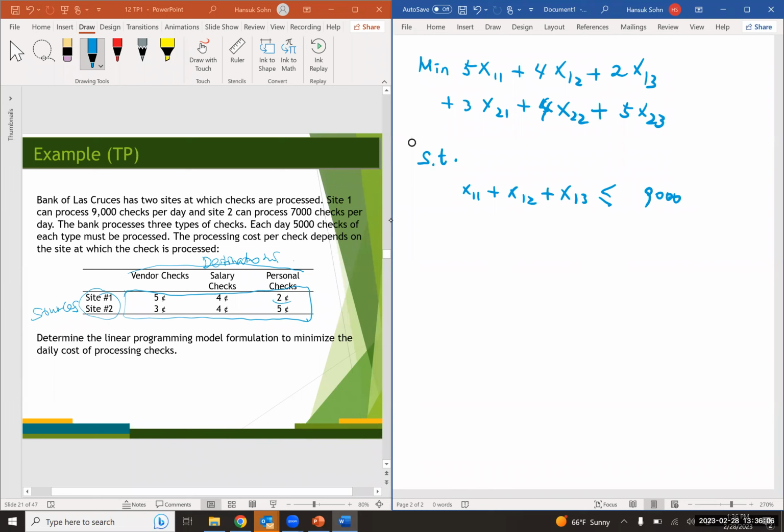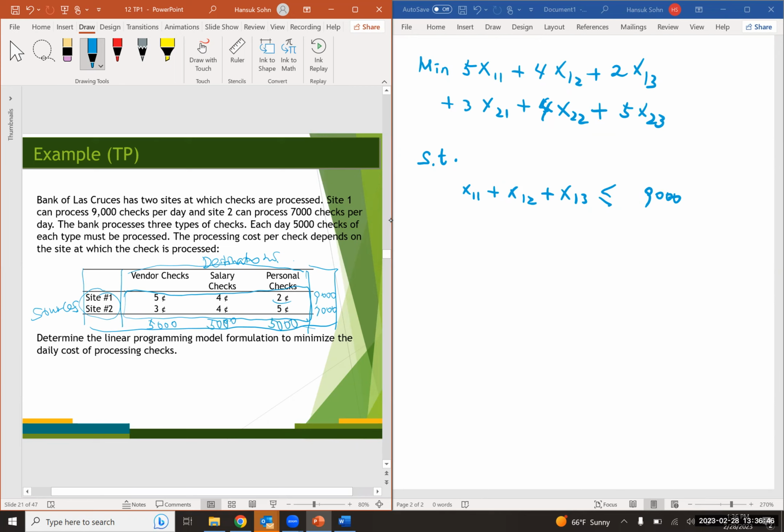So it's better to complete the transportation table like we did earlier in the previous example. So let's add some necessary information to complete the transportation table. So here, I'm going to put 9,000 and 7,000, right? And down here, I'm going to include 5,000 each.